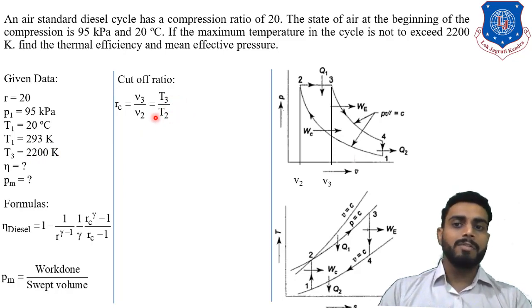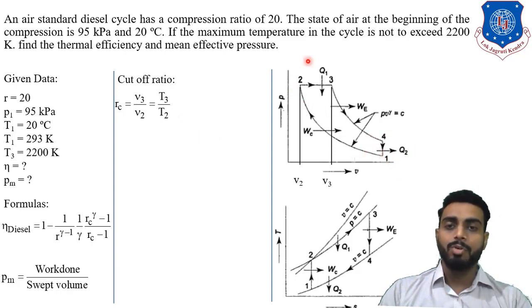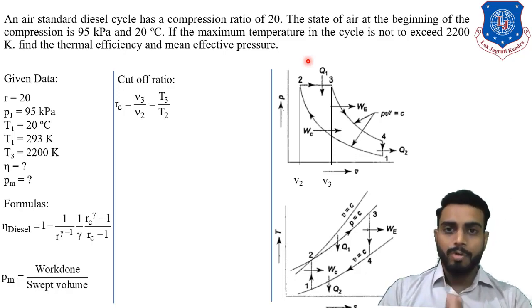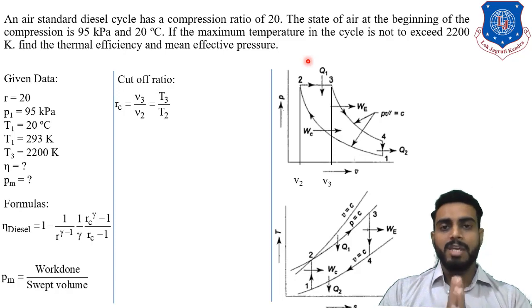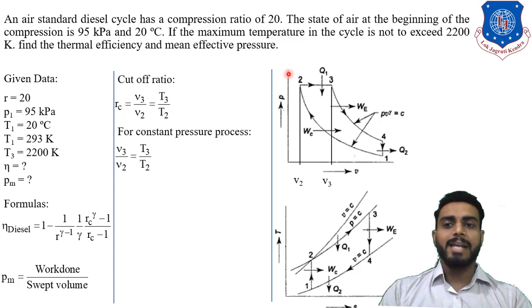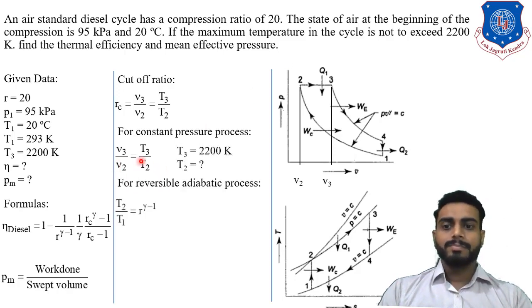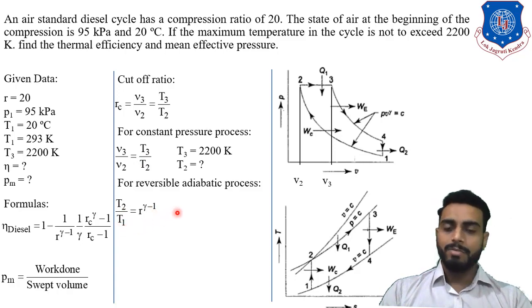For finding T2, we will follow process 1 to 2, that is the reversible adiabatic process. For a reversible adiabatic process, as I have told you many times, use the PVT correlation. According to those correlations, we can write that T2 by T1 is equal to R raised to gamma minus 1.